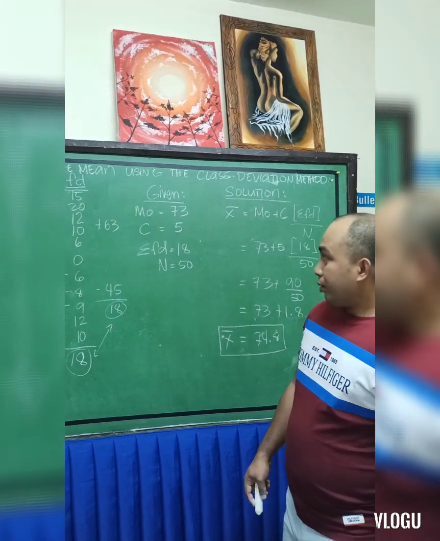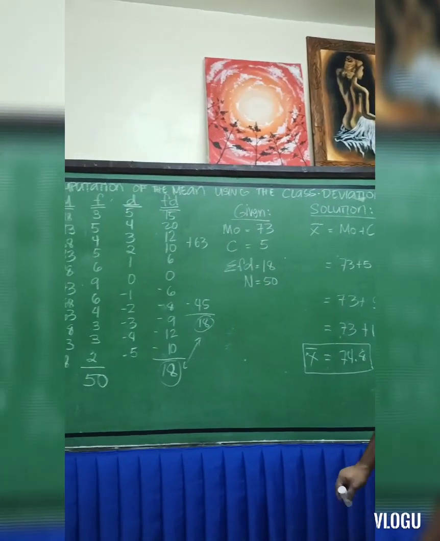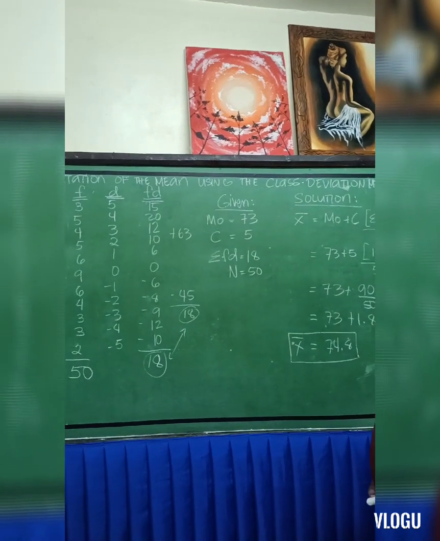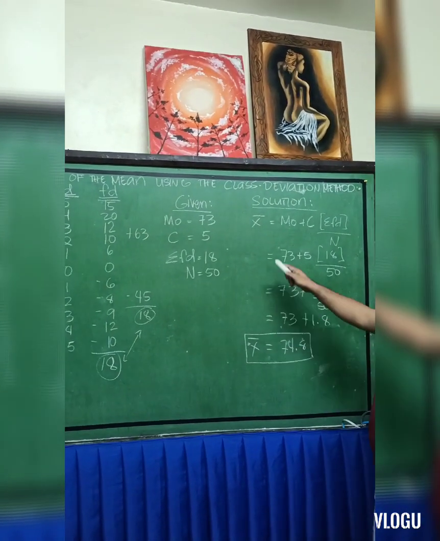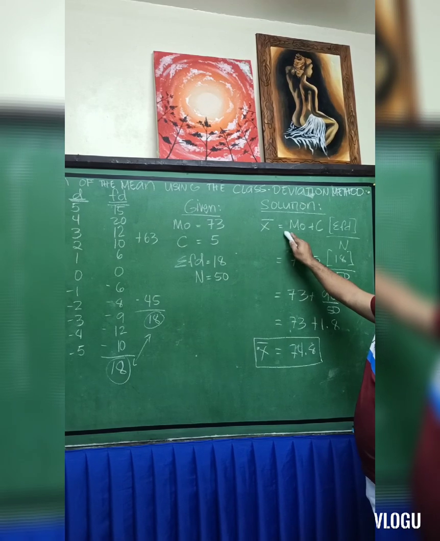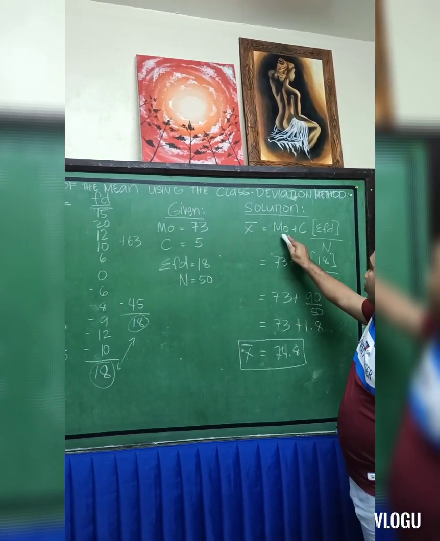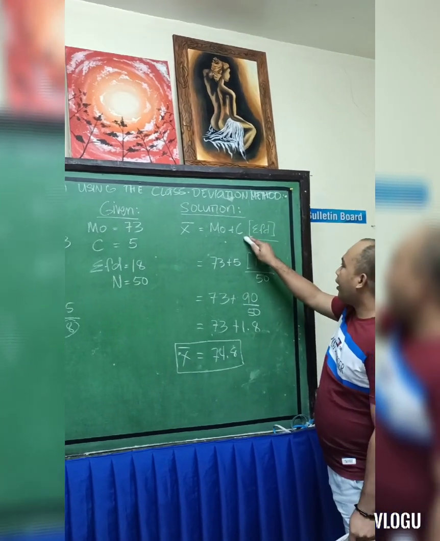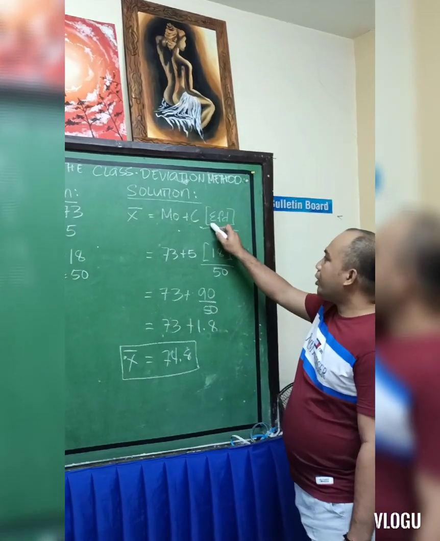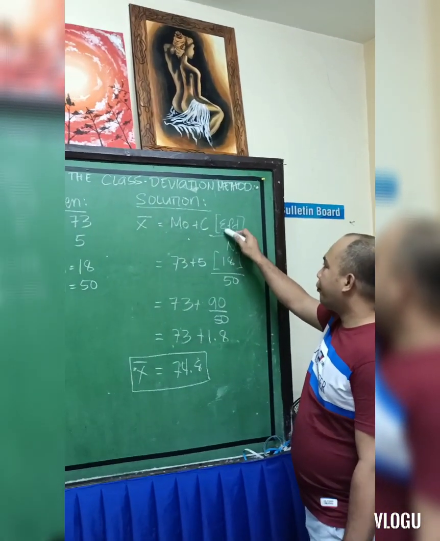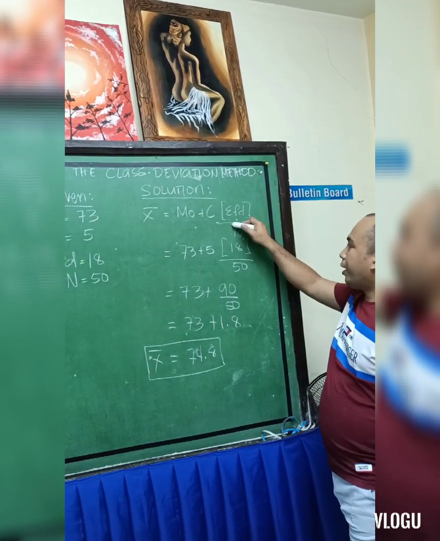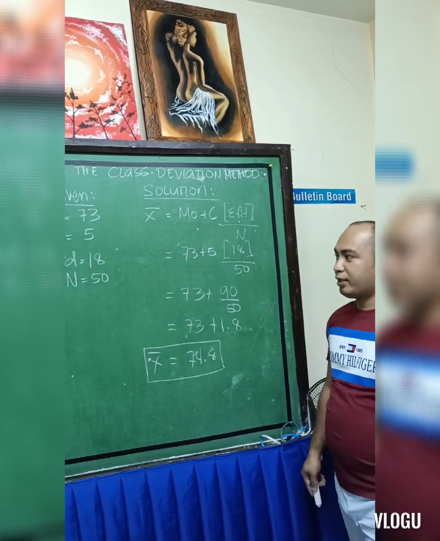So in this table, using the class deviation method, we have the formula: arithmetic mean is equal to the midpoint of origin plus class interval times the summation of the product of frequency times the deviation divided by the number of cases.